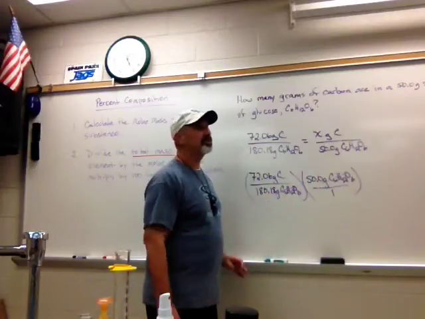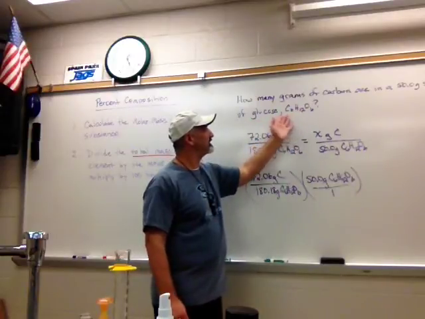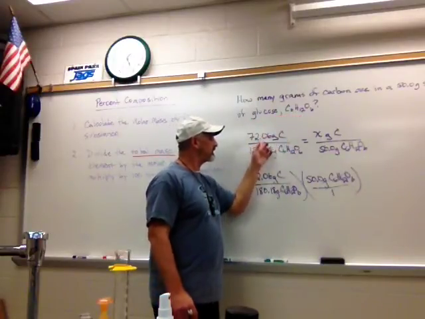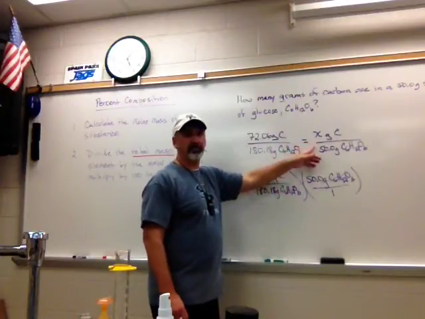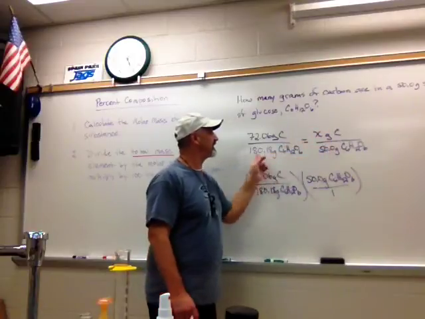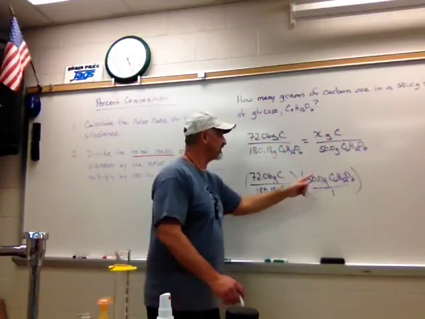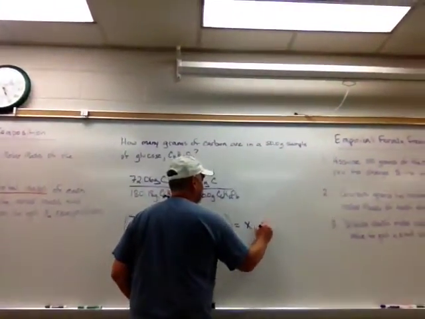So we can do those types of problems very simply. So if you just want to get the part, the grams in a sample, you just take your percent composition and multiply it by the sample. You can set it up as a proportion if that makes more sense, but the reality is I'm just bypassing this, setting it up, and I'm just going to the solving. This equals X grams of carbon.